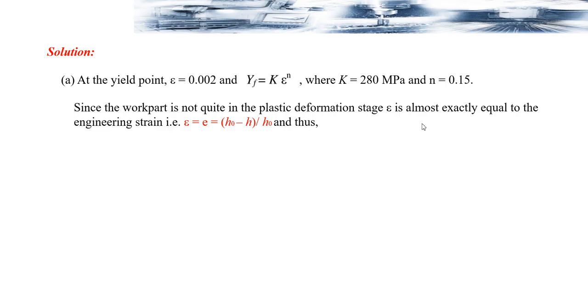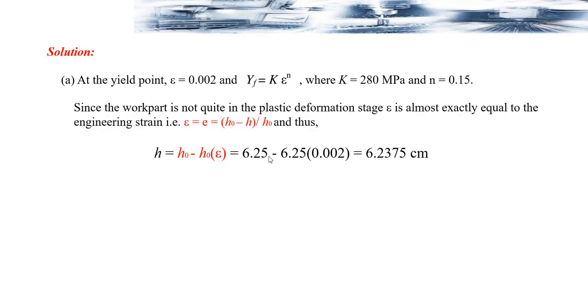Now, since the work is not quite in the plastic deformation stage yet, the strain is almost exactly equal to the engineering strain value, e, which is equal to H0 minus H divided by H0. This is the equation we have for the engineering strain: the original height minus the instantaneous height divided by the original height, which is a ratio that has no unit. So now from this equation, I can find the value for H.